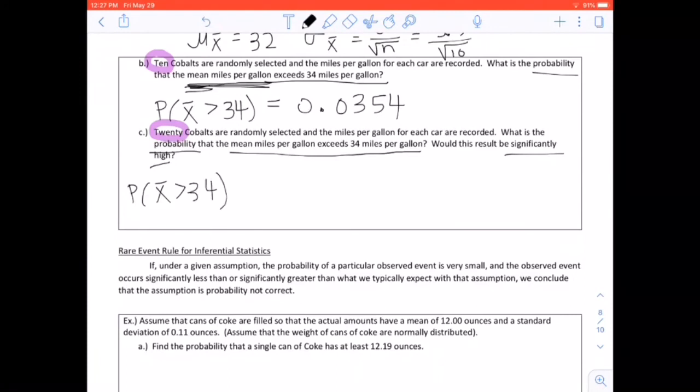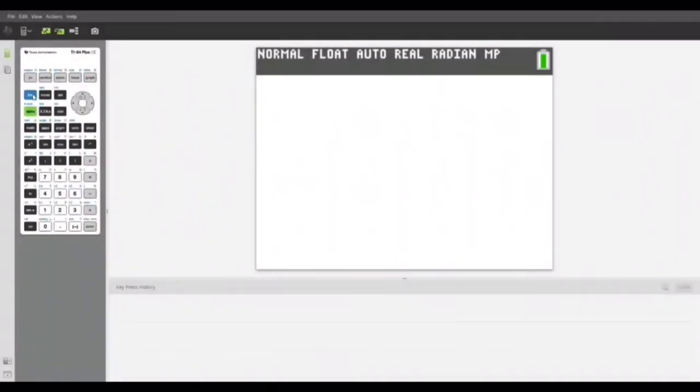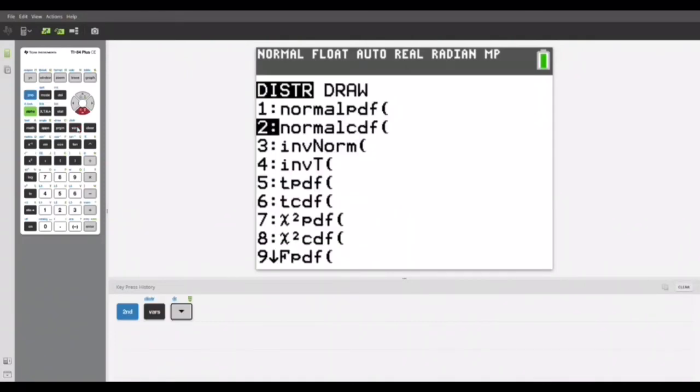Again, the mean of X bar is still going to be equal to 32, but the standard deviation of X bar is going to be equal to sigma divided by the square root of n, which is 3.5 divided by the square root of 20, since our sample size increased. Using our calculator, we go second, VARS, down to normal CDF.